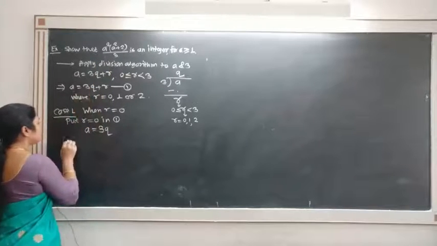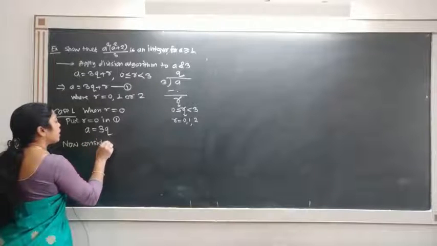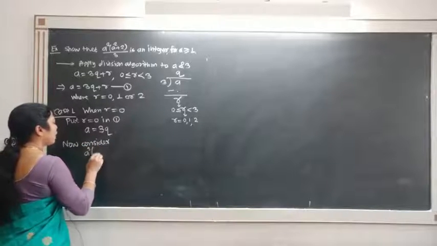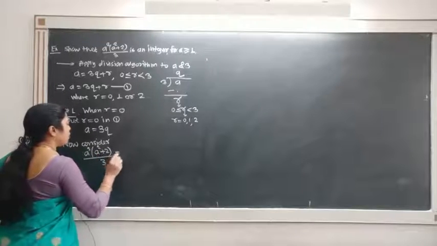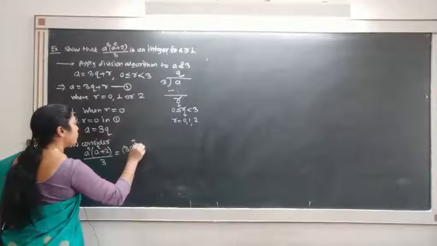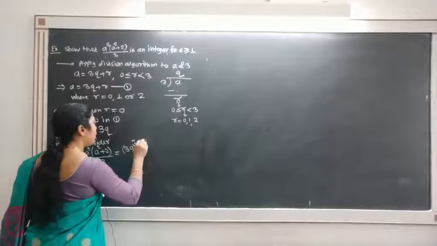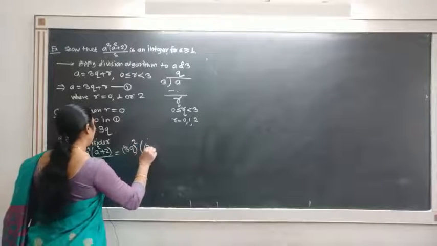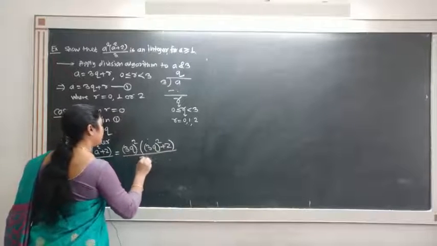So consider the term a square into bracket a square plus 2 divided by 3. Put a is equal to 3q. So 3q square into bracket 3q square plus 2 divided by 3.